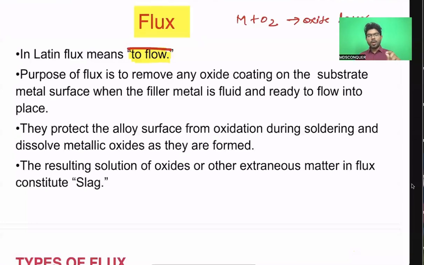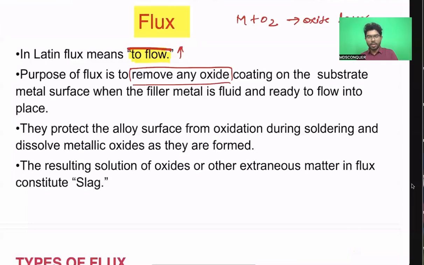Basically, these oxide layers are very passive. They don't allow it to react. So whenever you want to react it, you have to remove these oxide layers. To improve the flow, you have to remove this oxide coating present on the metal surface.